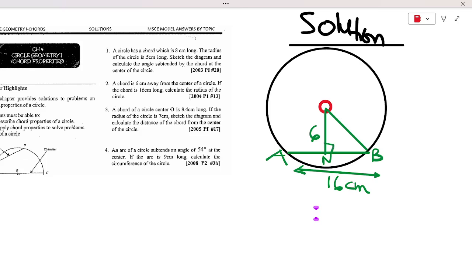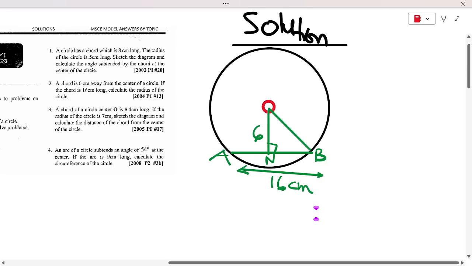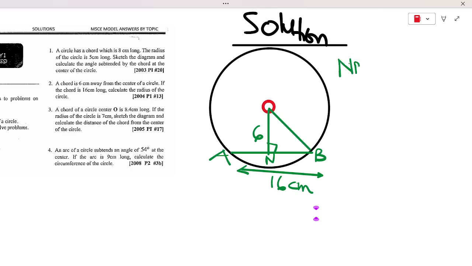Okay, so I know you can find NB and then you find the radius of B. Very simple, right? From the theory that we learned, NB is equal to half of AB. Why?